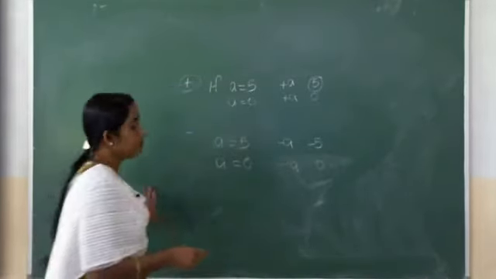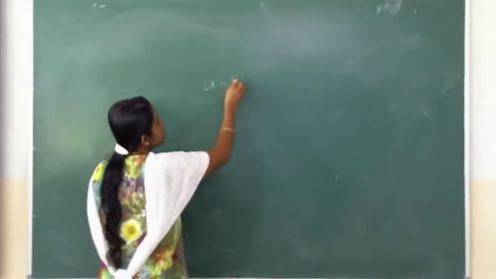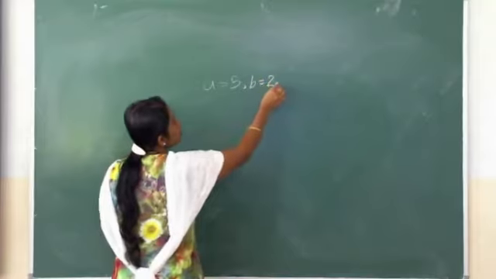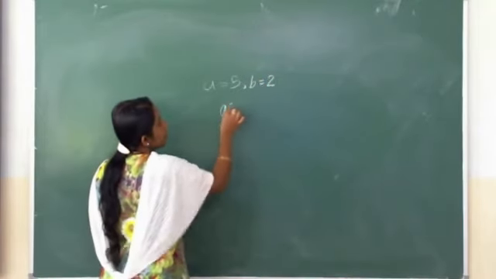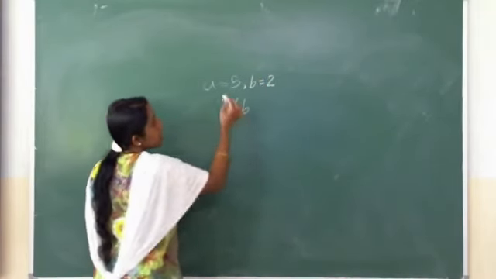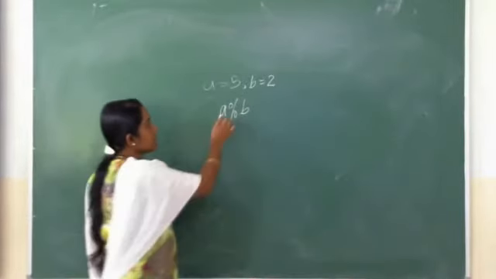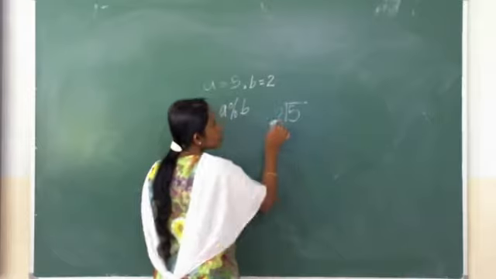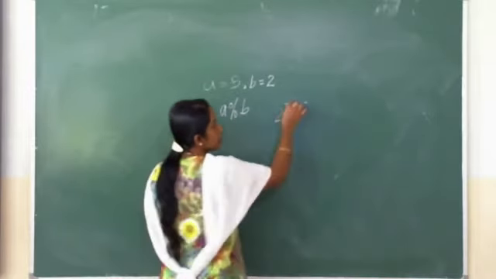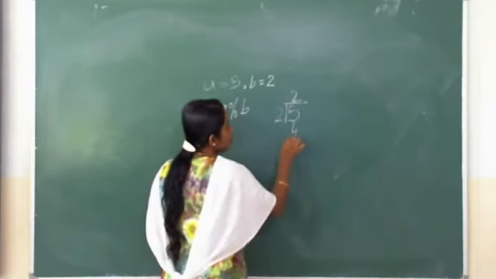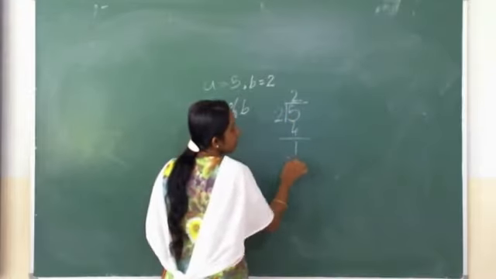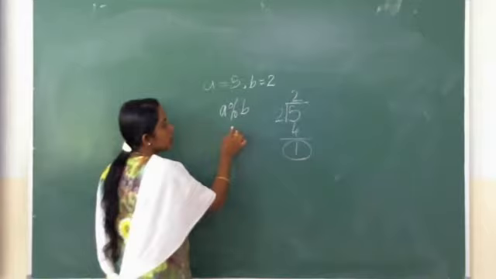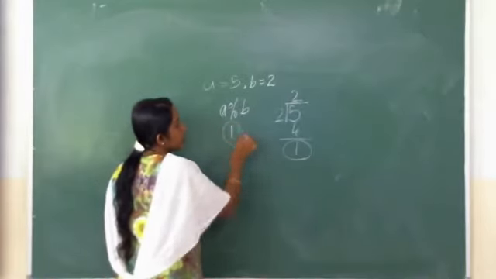So if a equals 5, b equals 2, a mod b, what will be the result? 5 divided by 2. 2 into 2 you got 4, and you got the remainder 1. So here a mod b, the final result will become 1.